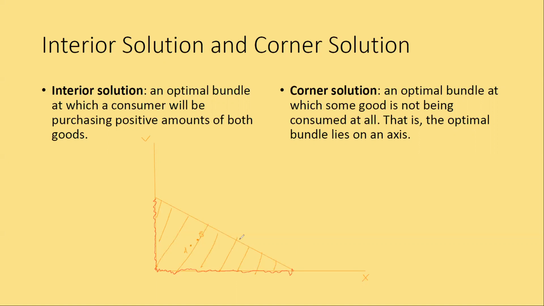I draw it in a curly way so that you can see it. And any other point that is in the budget constraint, but not on this horizontal or vertical axis marked by the red pen, will be an interior solution if it is a solution to the optimal choice problem.